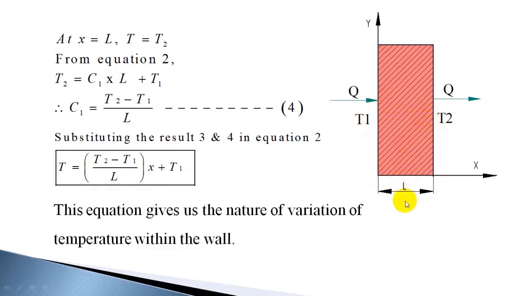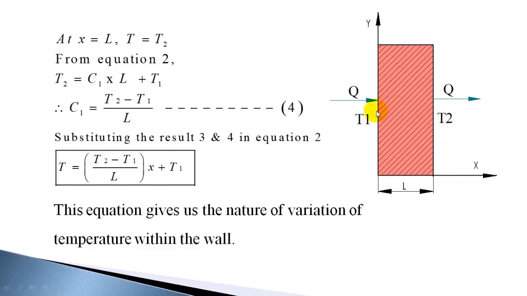So this is when the material is having constant thermal conductivity. So this equation we have derived for one-dimensional steady state heat conduction through a material with constant thermal conductivity. So in that case we will have a linear variation for temperature inside. So the temperature will drop like this linearly. If heat is flowing in this direction, temperature should drop in that direction.